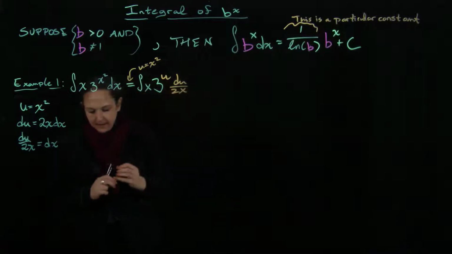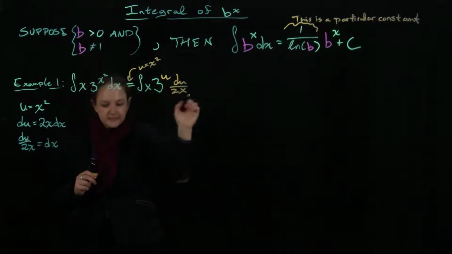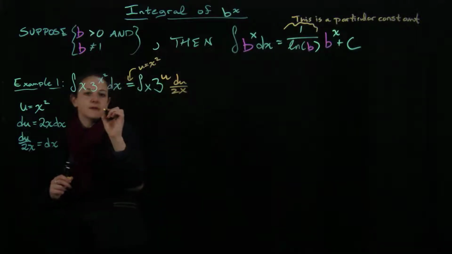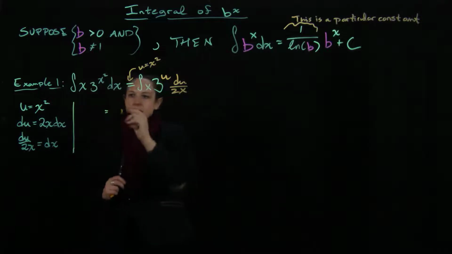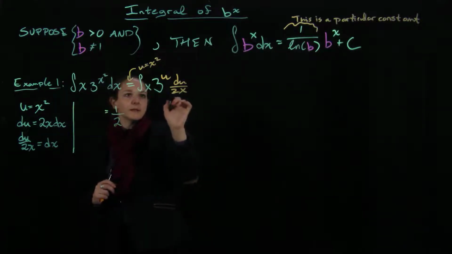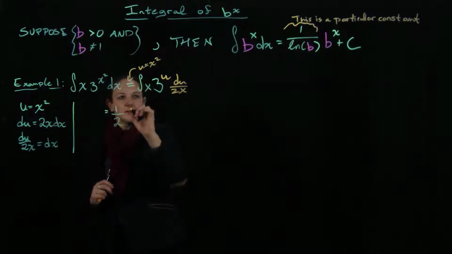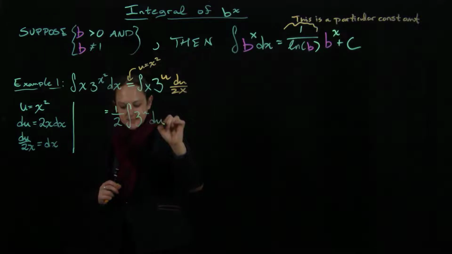Then we're happy campers, because these x's cancel, and I just get a 1/2 in front. So this is going to equal 1/2, these x's are going to cancel, and the 2 has been pulled out. So what I'm left with is the integral of 3 to the u du.